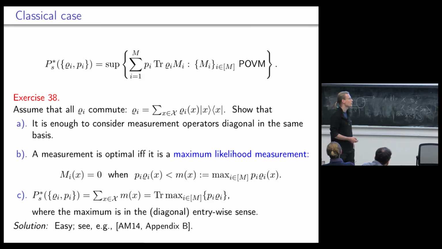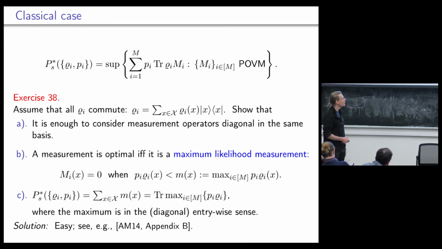So this is the usual maximum likelihood decision scheme. And it turns out that in this case, this optimal Bayesian success probability is nothing else but just the sum over x of this maximum function, where the maximum is just the maximum of these weighted probability values. Okay. So this is an easy, simple computation with classical finite probability distributions.